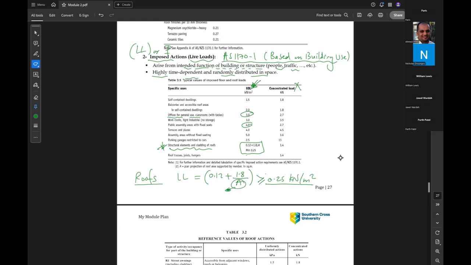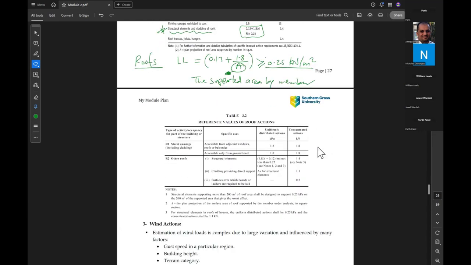A is the supported area by the element. Okay, we will know that later. Okay, and here it is from the standard. So this is for other roofs. So this is our formula here.